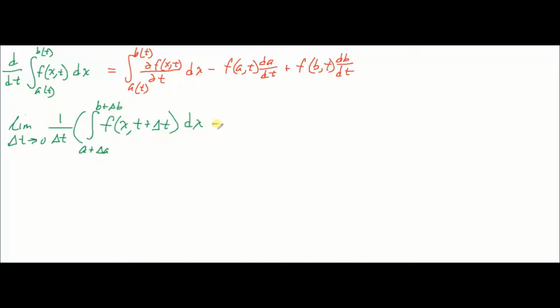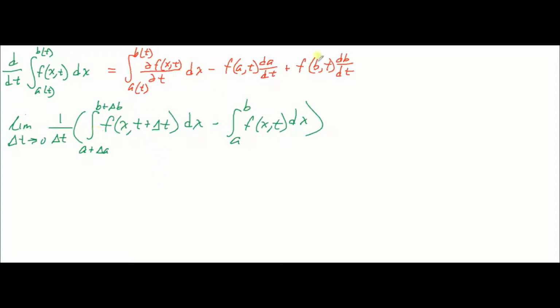And then from that we would subtract the function where we started out. And so basically we've just expressed this with first principles as a derivative with respect to t.